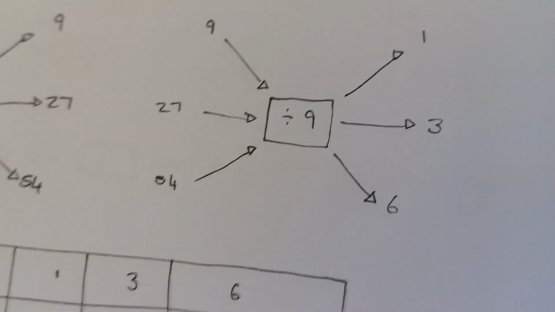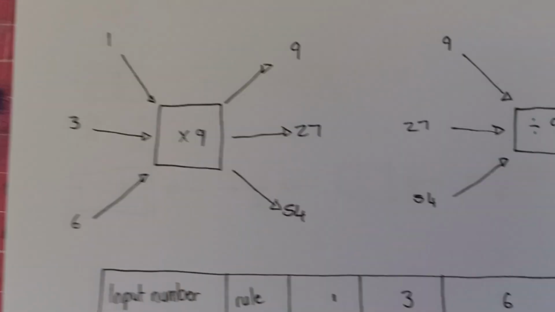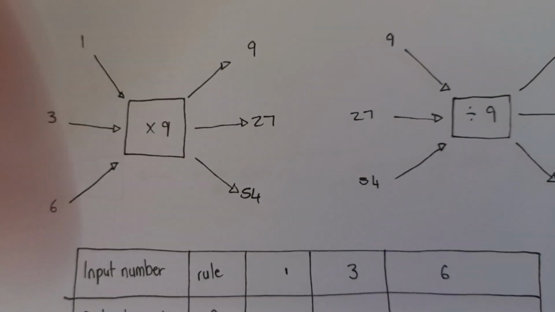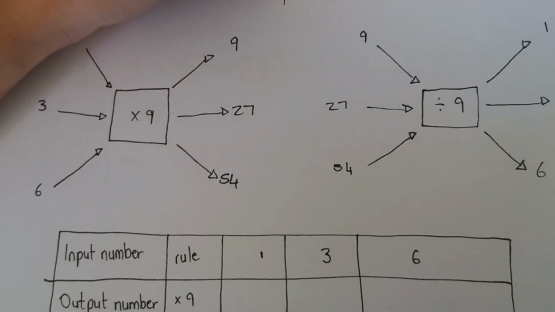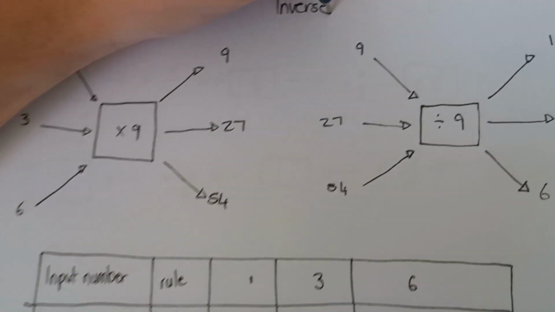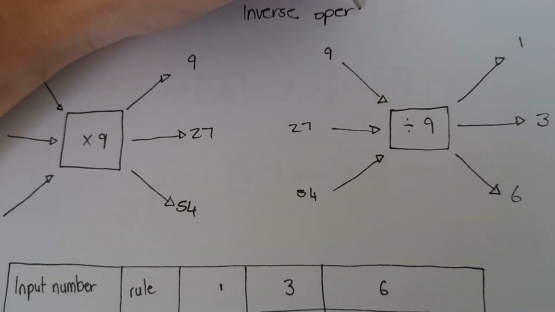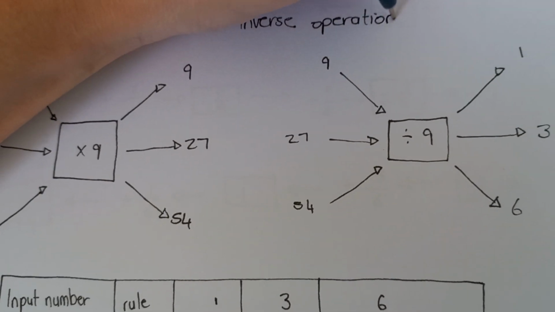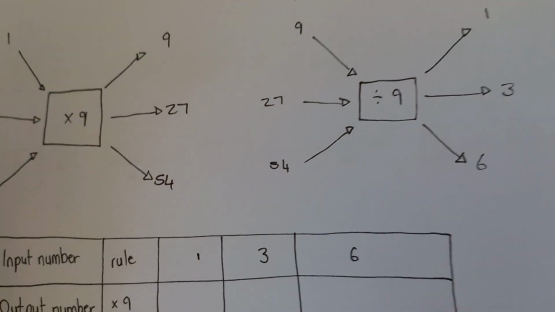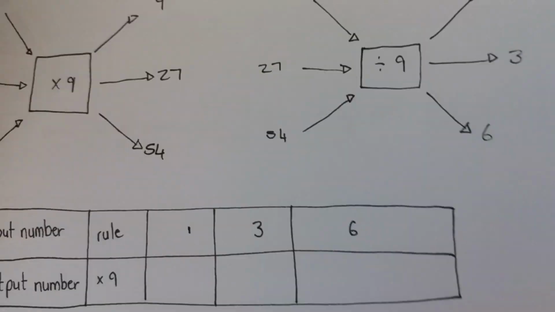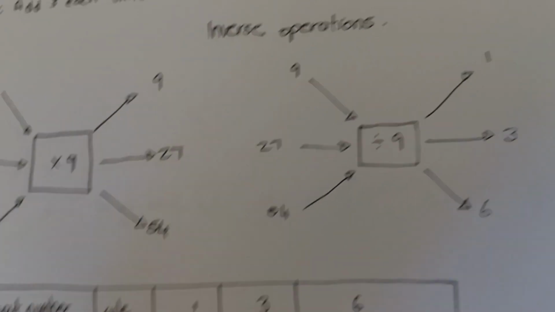So this is just the opposite of this diagram here. And that is because multiplication and division are inverse operations. Okay, so if you swap them around, you can still do the sum. The numbers are just swapped. I'll show you a little bit of an example later on.